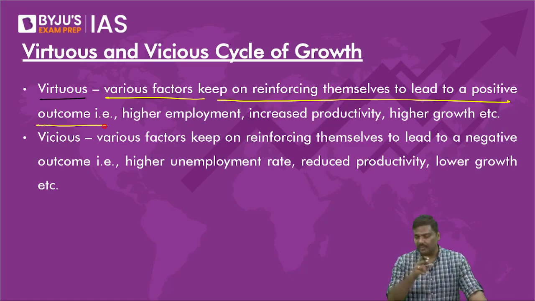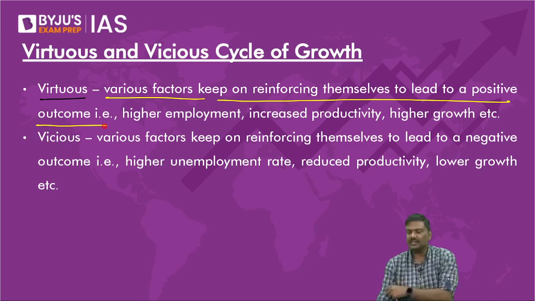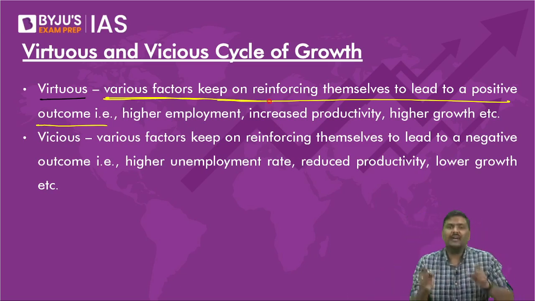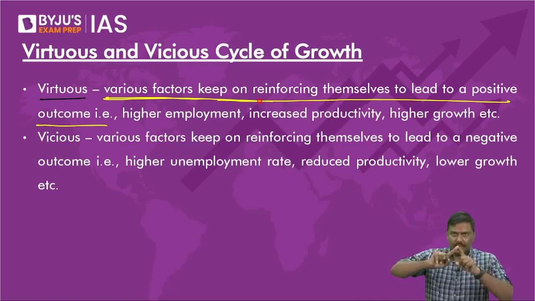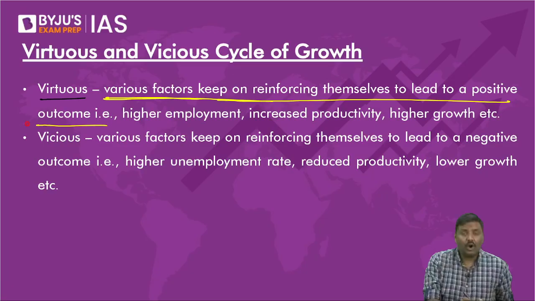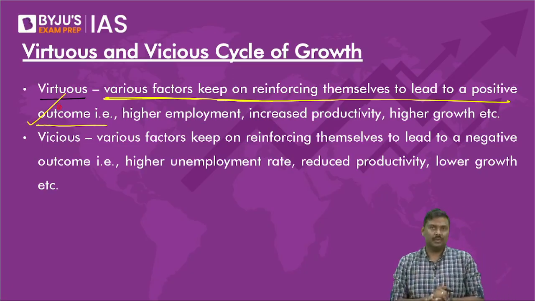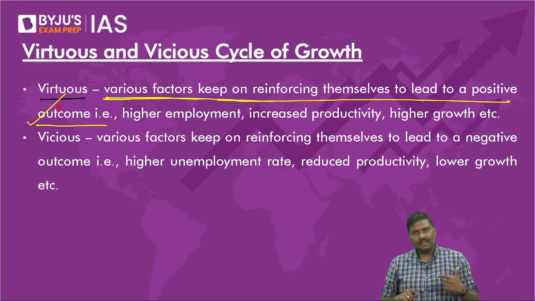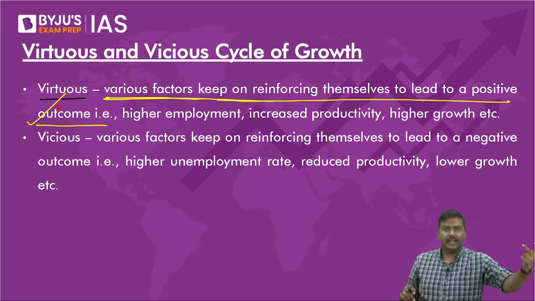I'm giving you the definition. Various factors which are basically having an impact on each other, and as a result of this, you will observe positive outcomes in the economy. For example, GDP will increase, employment will increase, demand will increase, investment will increase, etc.